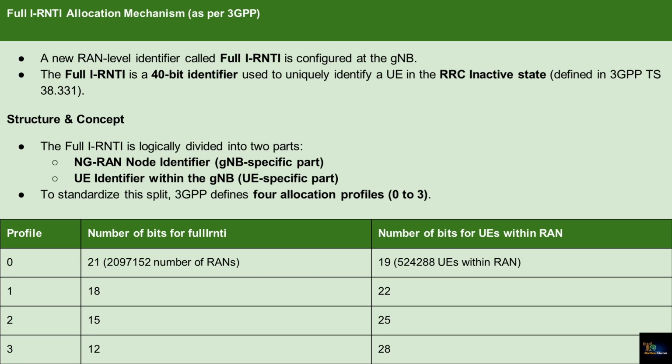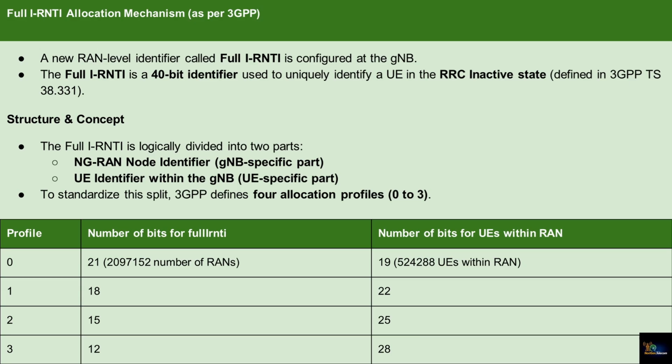Now the full I-RNTI allocation mechanism, how it will be allocated. This is the mechanism: a new RAN-level identifier called full I-RNTI is configured at the gNodeB. Full I-RNTI is a 40-bit identifier used to uniquely identify a UE in RRC inactive state.